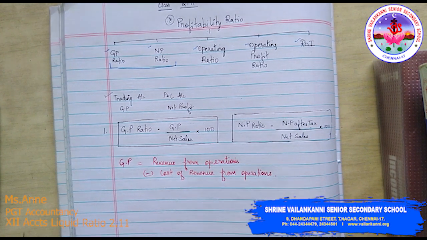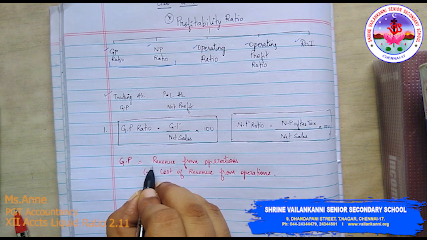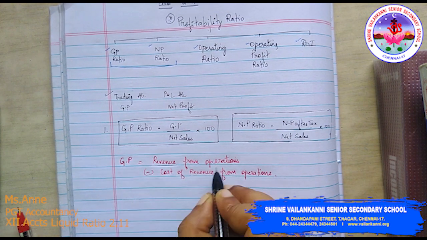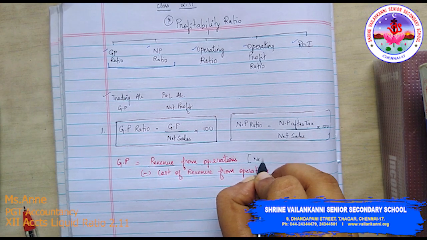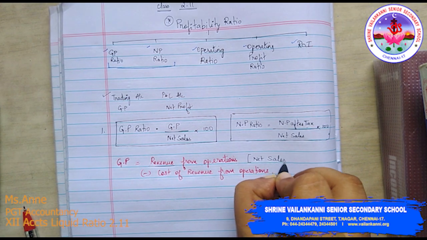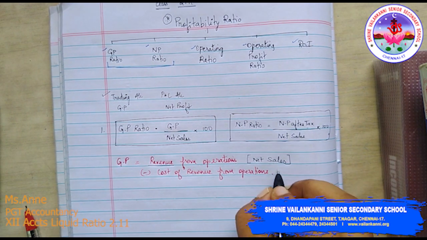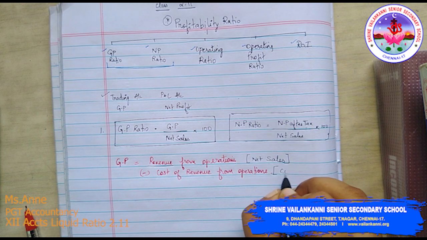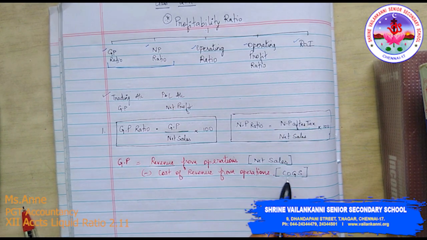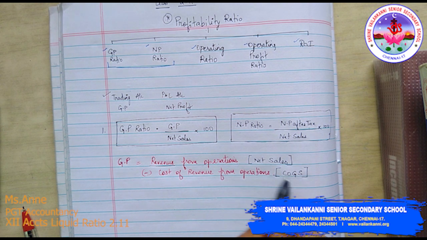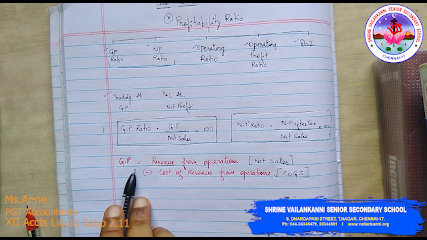Now what is this? Revenue from operations is nothing but your day-to-day revenue from your business. Together it is called sales. Cost of revenue from operation is nothing but your cost of goods sold, which is very simple. So net sales minus your cost of goods sold is nothing but your gross profit.